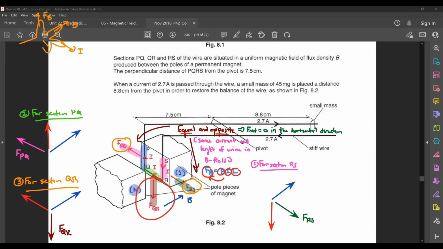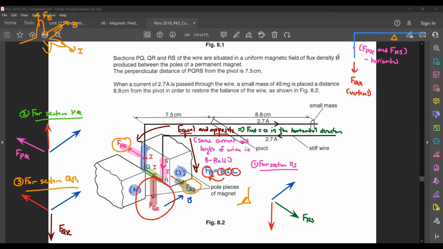Now, if you were then to look at your wire balance from the front like this, it looks something like this right now. This one being your wire, and then this one here is your pivot. Your force QR is acting downwards like this. It's actually vertical. And then your forces PQ and RS would actually be acting right over here. This is force PQ and force RS, but they're acting in the horizontal direction.